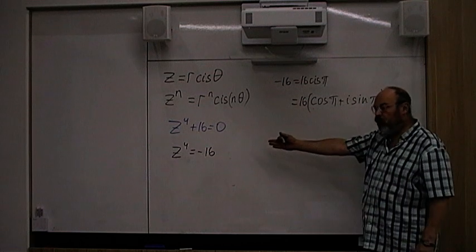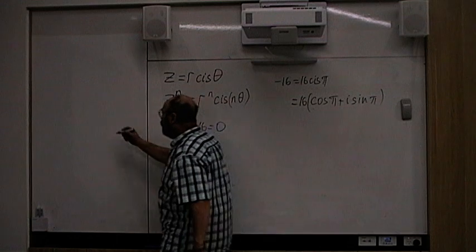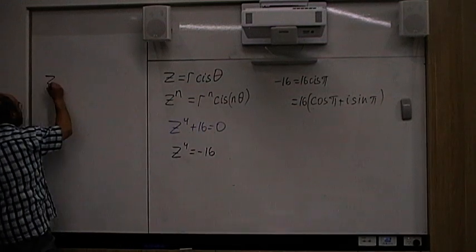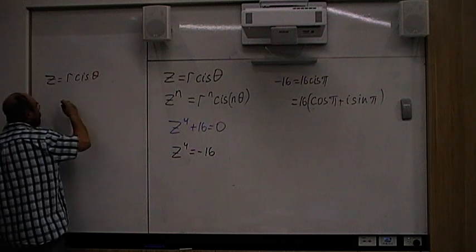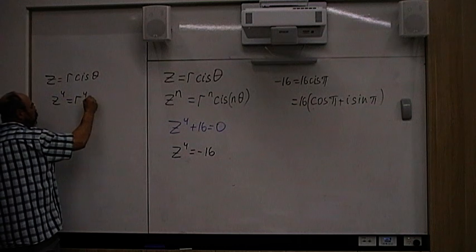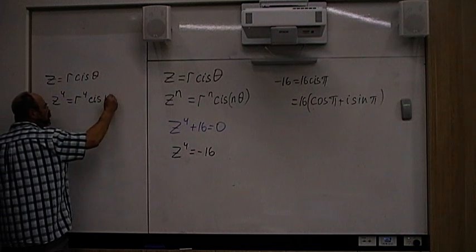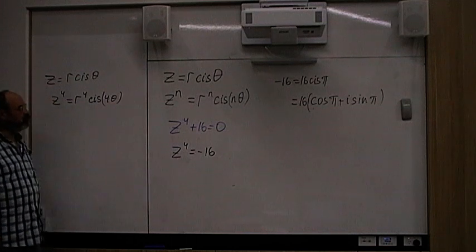Now, how do we solve this equation, z to the power 4 equals negative 16? Let z equal r cis theta. Then z to the power of 4 will be r to the power of 4 cis 4 theta, according to the Moivre's theorem.